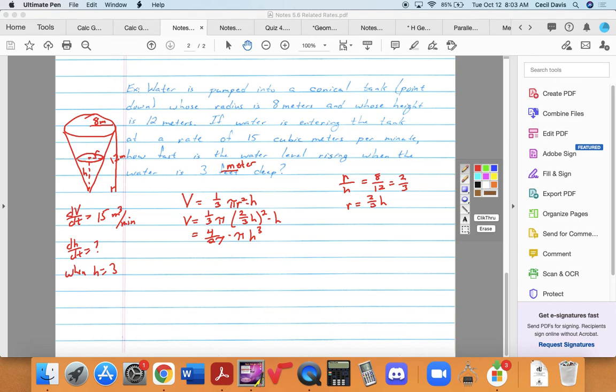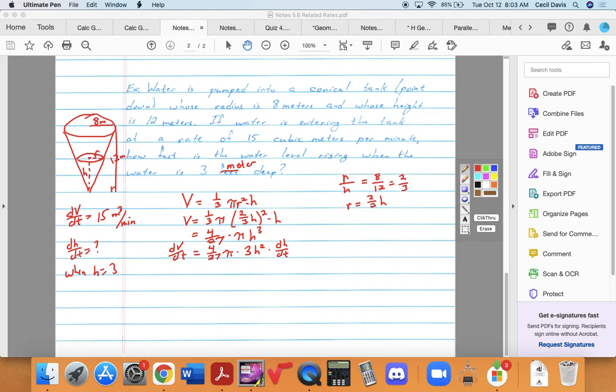Okay, then when you take the derivative, this is part of why you write it down. Hey, everybody, look, I'm taking the derivative. Write it down. dV/dt is equal to 4/27 pi, that's all a constant multiple, times 3h squared times, because I'm taking the derivative with respect to time, dh/dt.